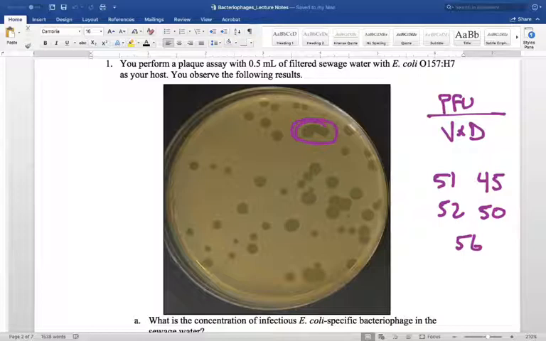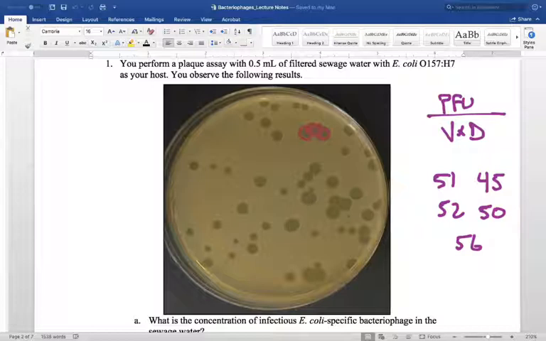Or do you consider the fact that it looks like, I'm going to erase that real quick. Do you count the fact that it looks like it has one right there, and then you've kind of got the outline of a second one here, outline of another one there, and an outline of another one there. These are real issues that we have when we're talking about PFUs per mil or doing these calculations.